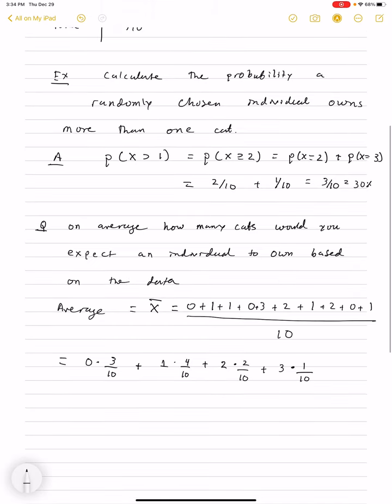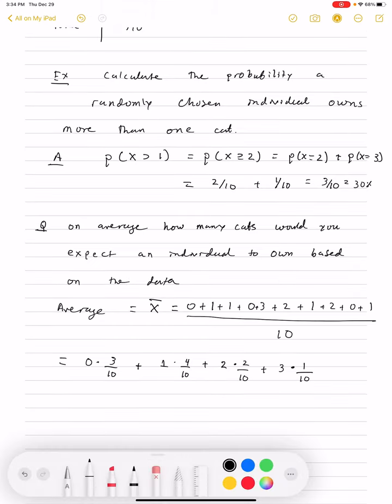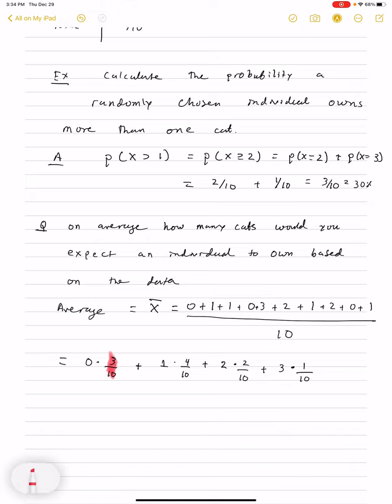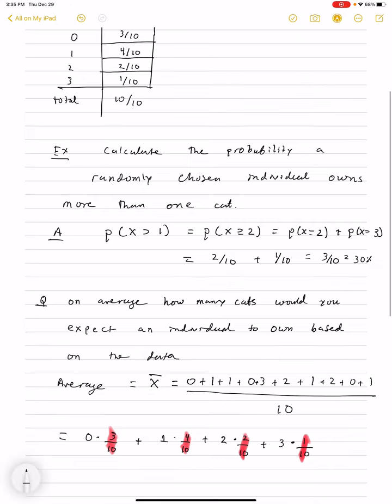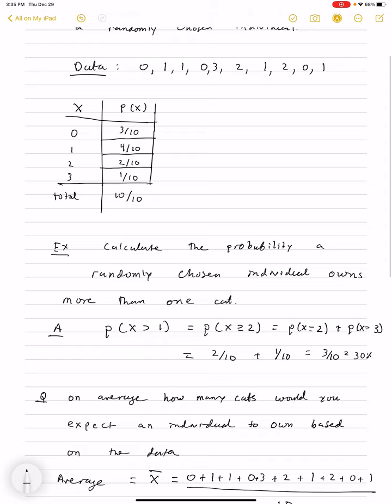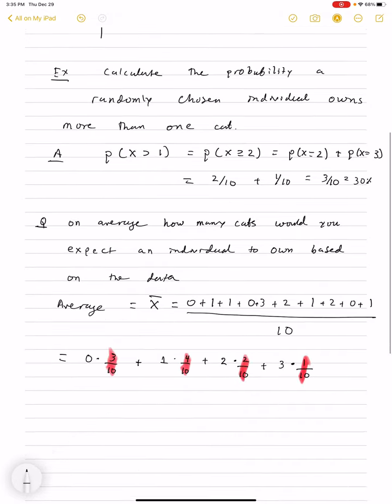What you should notice is, hey, these numbers, 3/10, 4/10, 2/10, 1/10, they look very familiar. Those are the probabilities. So we took the value of x and multiplied it by the probability. So this will be the summation of x times p of x.